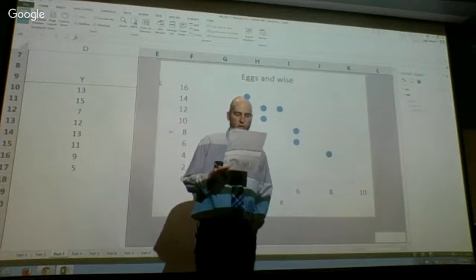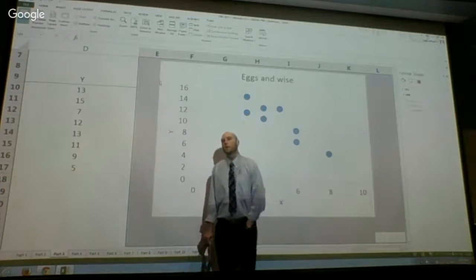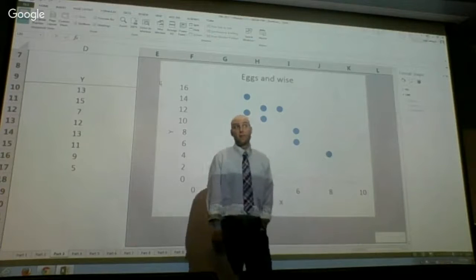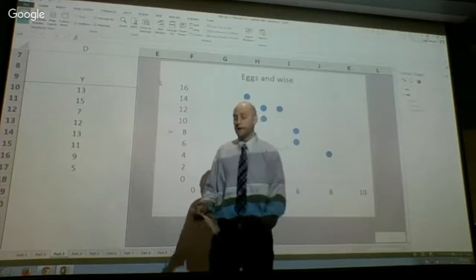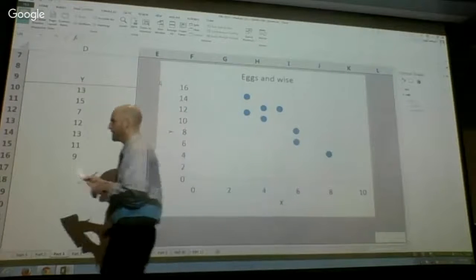31, what is the coefficient of determination? Well, you take 0.9 and you square it, and you get 81%. You take a little less than 0.9 and square it, you're going to get a little less than 81%.